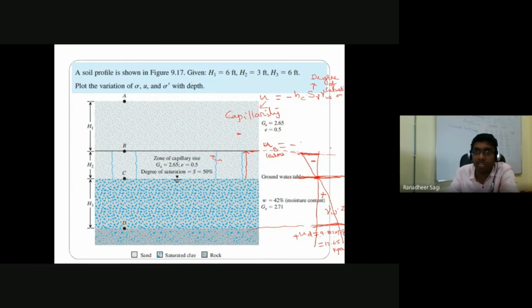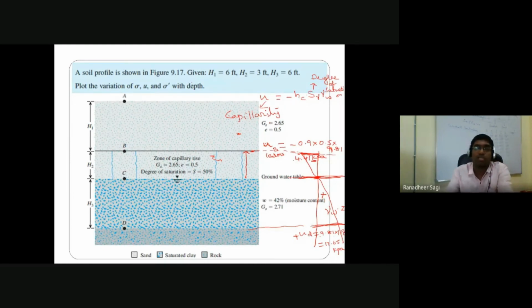So 0.9 into the respective degree of saturation in the soil strata, which is only 50%, so I can write it as 0.5, into the unit weight of water, that is 9.81. The calculated value comes out to be 4.41 kilopascal, which is your pore water pressure slightly below point B, a negative quantity which I have already represented here.